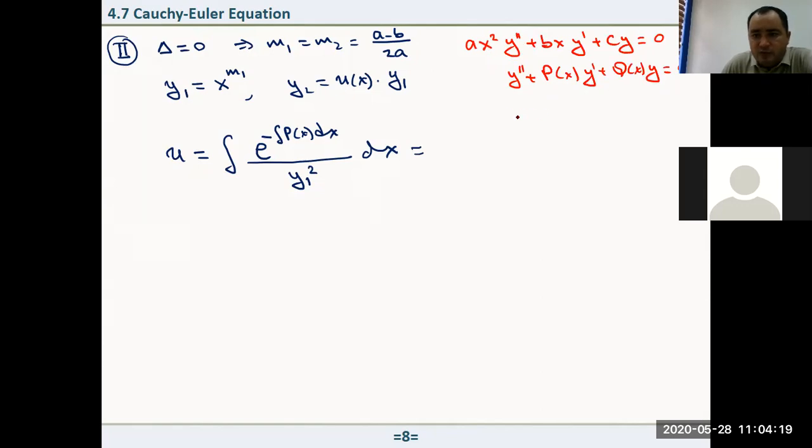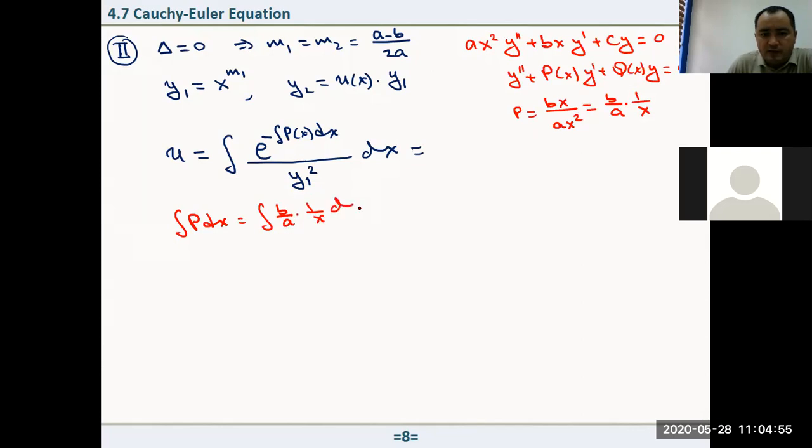So here, what is p? This p of x is equal to bx over ax squared, which is equal to b over a times 1 over x. The x cancels, b over a is just a constant number, times 1 over x. Now if I evaluate this, the integral of p dx is equal to the integral of b over a times 1 over x dx.